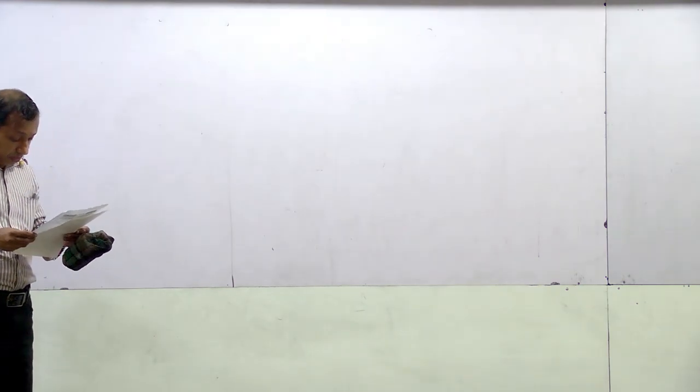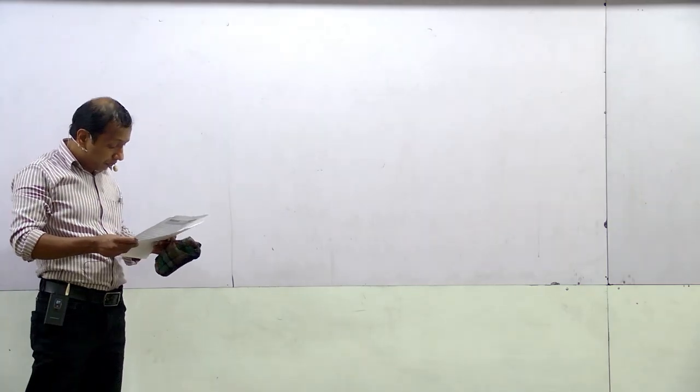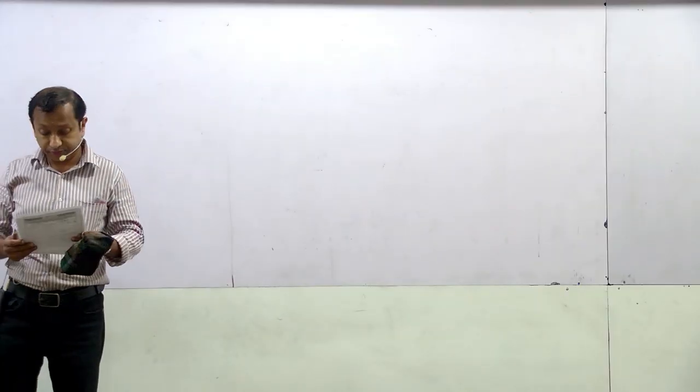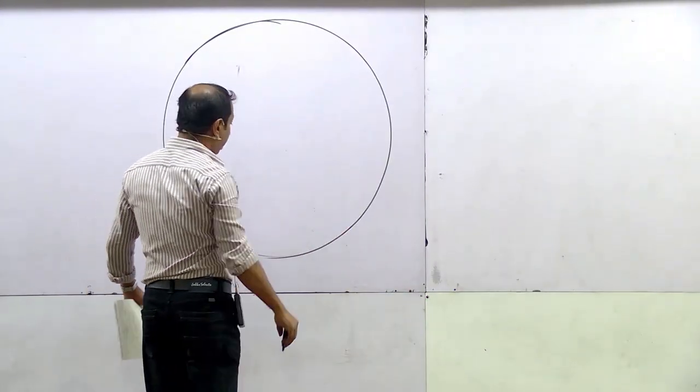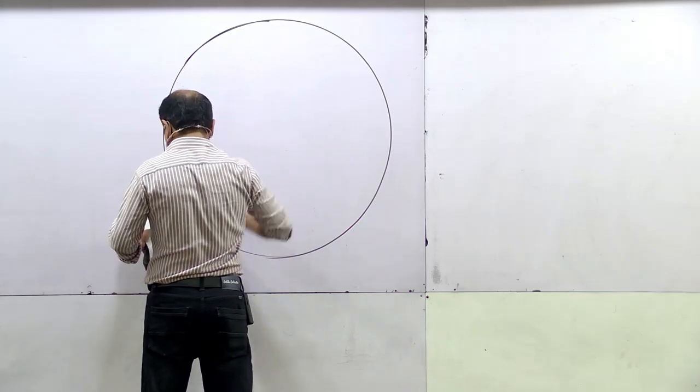A uniform rod AB of length 2L and weight 2W is in equilibrium with end A in contact with the inner surface and end B projecting beyond the rim of the bowl, with a weight W attached there. The inclination of the rod to the horizontal is theta. Show that this answer, right? Right, so now here, see, here we have a ball.